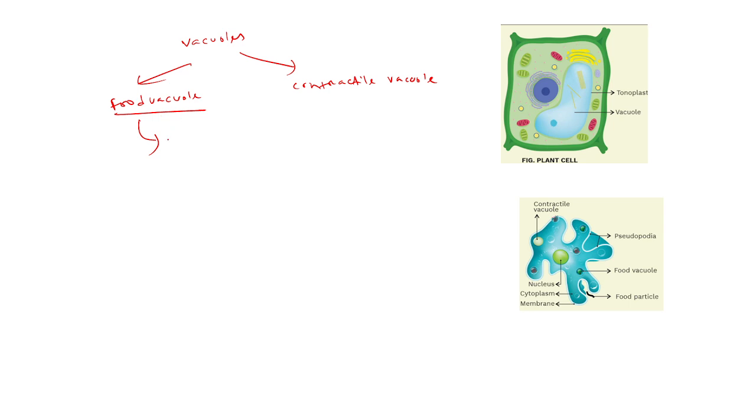Simply, it digests food like the lysosome, but less than 1%. That means maximum digestion of food occurs in the lysosome, and a very small amount of food is digested in the vacuole. And it is found in protozoans, protists and lower animals.